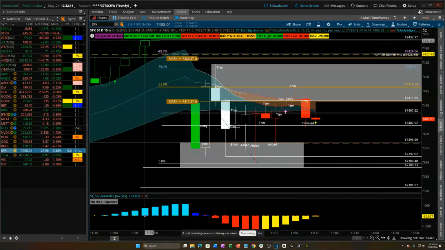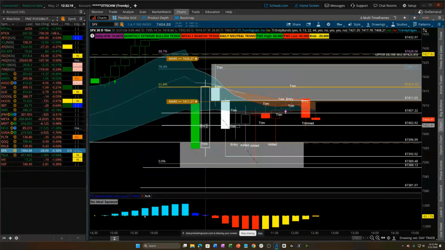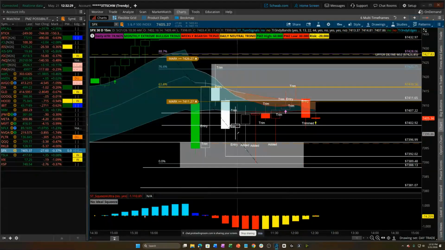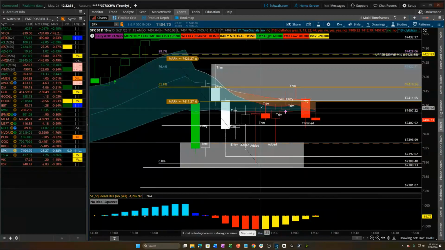As you can see, I've been very actively trading SPX today. Going short from the downside, going long from the upside, trading the bottom of the chop. We have traded and trimmed and added and trimmed, and it's just back and forth.